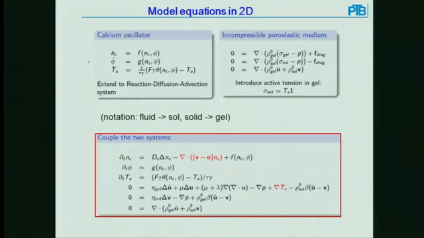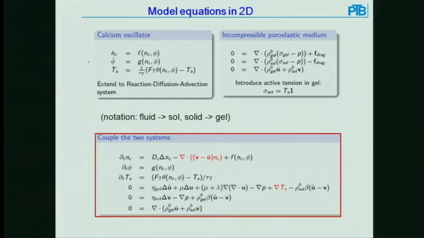Here, that's just a two-dimensional version of the model I showed you already on the previous transparency, and there is an active tension element in here, and then the two things simply are coupled, and this is then the full set of equations, which we will then do linear stability on, and also numerical simulations.